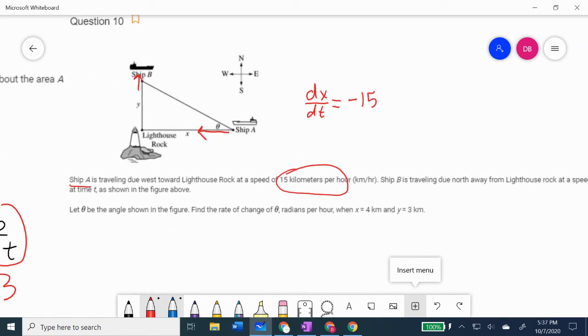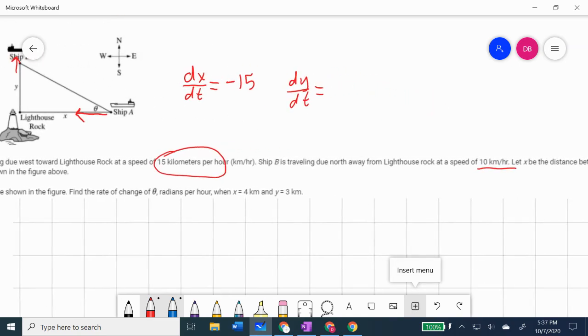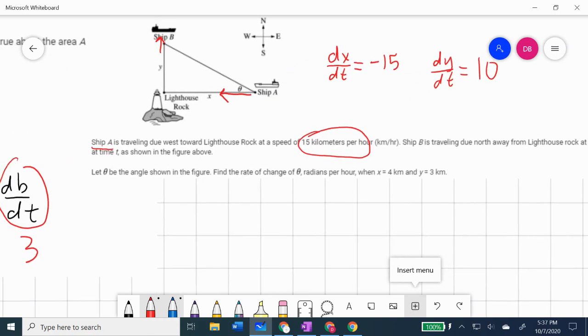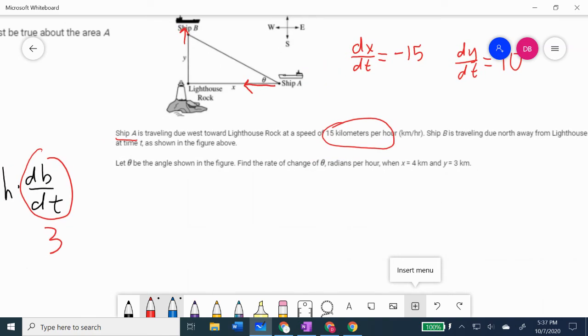So that is causing y to increase. That means dy/dt is a positive 10 kilometers per hour. And we are being asked to find the rate of change of angle theta when, and there's our when information. So we'll put that in at the very end.